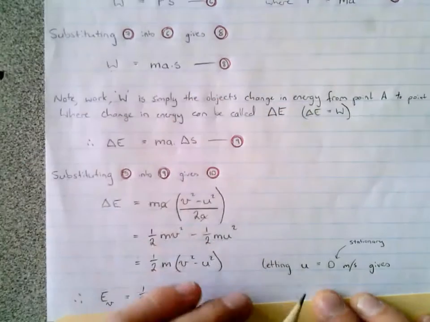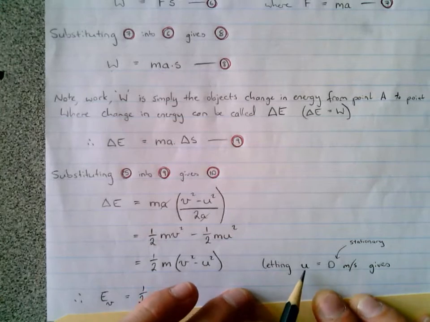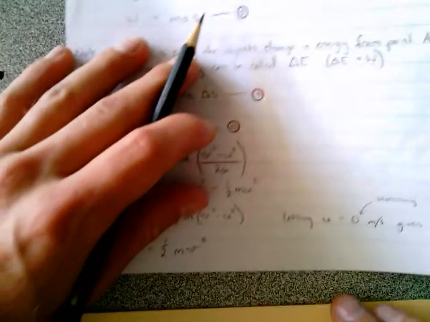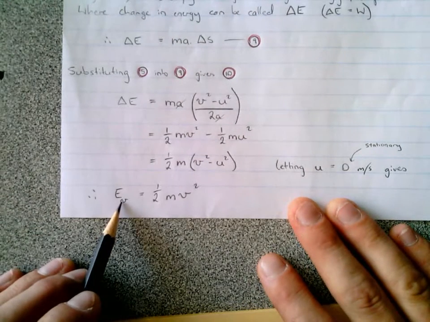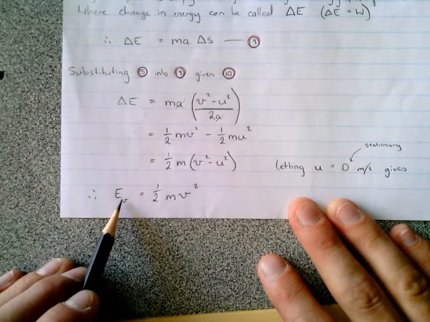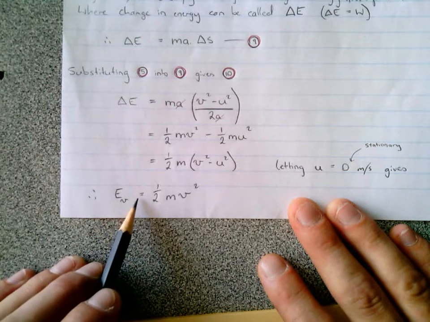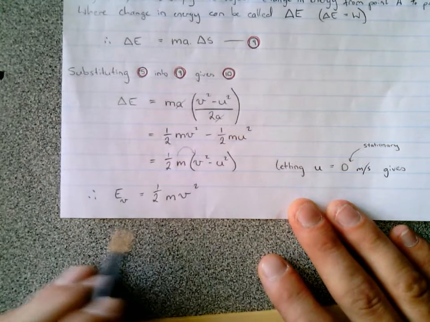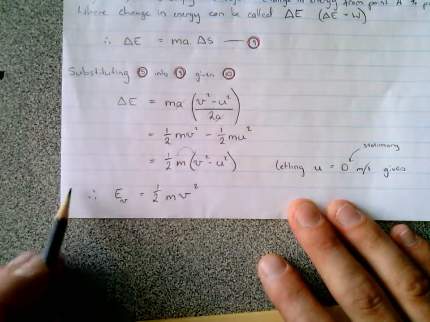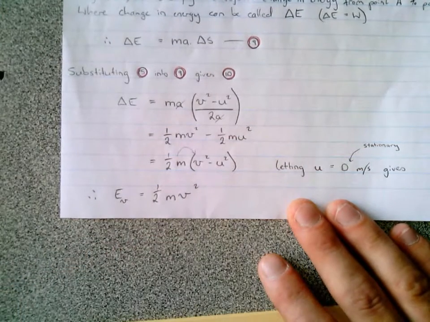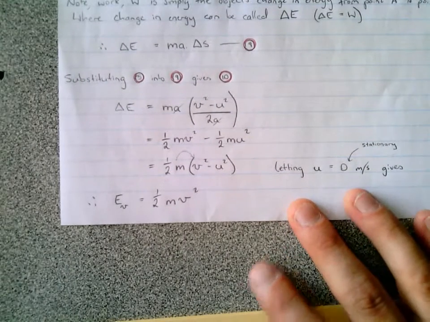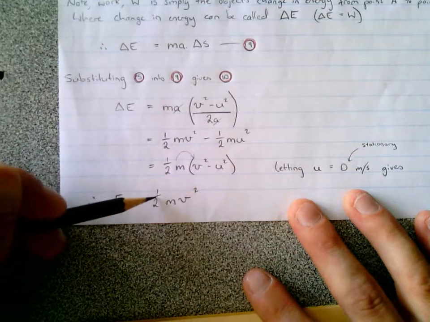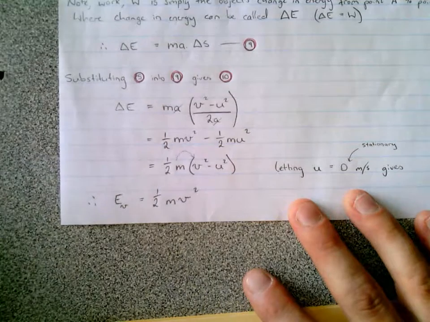If we let the u value equal 0, and we substitute 0 for u into this equation, we will be left with the energy for the final velocity equal to a half mv squared, which is our equation for kinetic energy. So we have arrived at our kinetic energy formula. The kinetic energy at a particular velocity is equal to a half multiplied by its mass multiplied by the velocity squared.